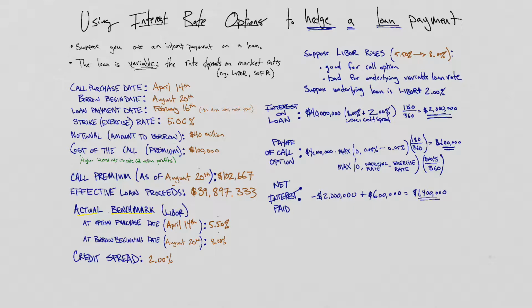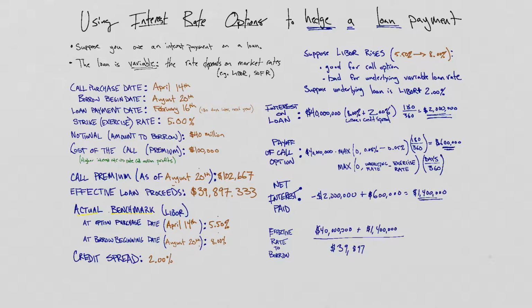And if we want to figure out the effective rate on that, that is effectively how much it costs us to borrow, then we can take that $1.4 million plus the $40 million that we paid, the amount of money that we actually borrowed, and compare that to the net proceeds that we received from borrowing after accounting for the cost of the call option.